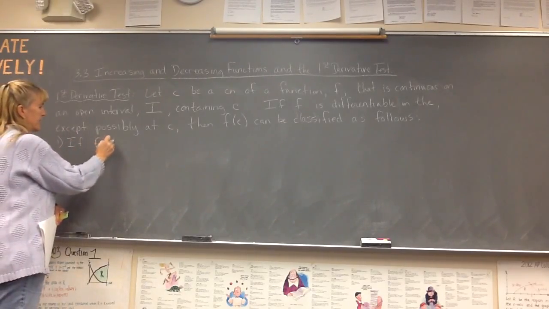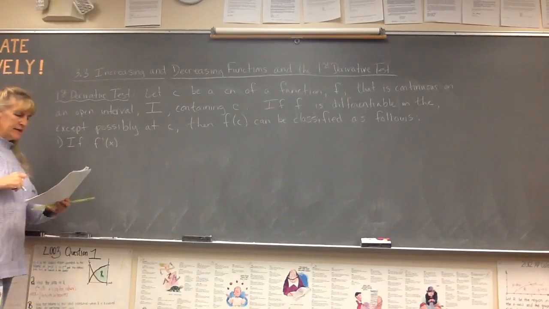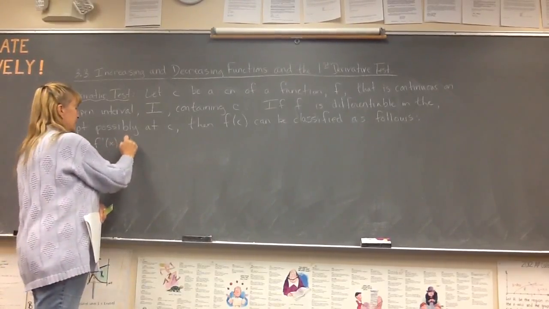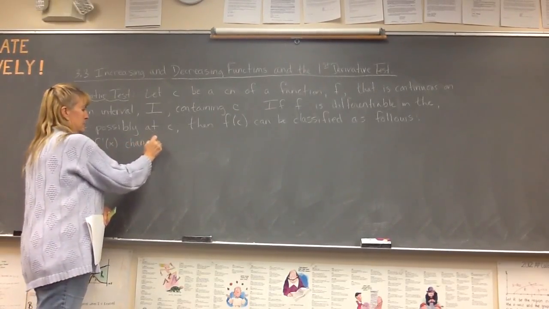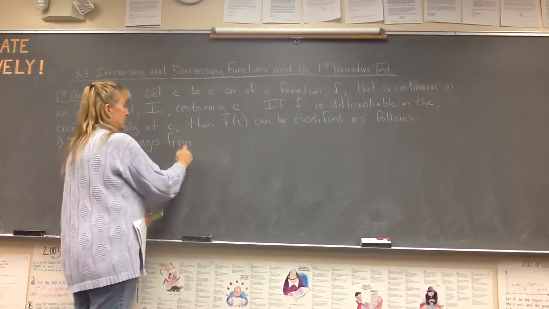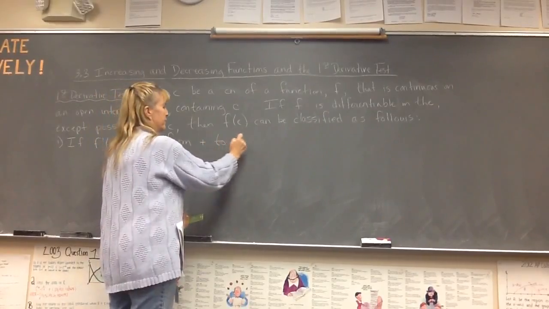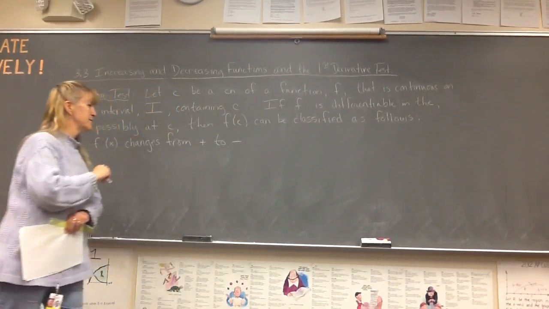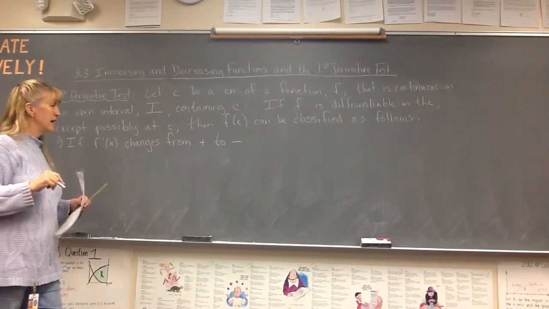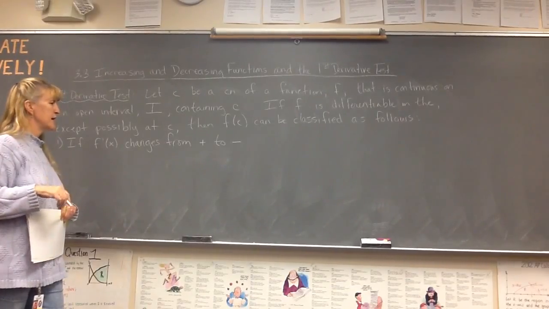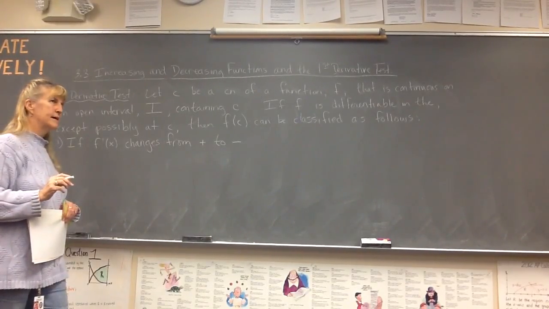We'll say if f prime of x, that means my first derivative, changes from positive to negative. For positive, I'm just going to write a plus sign, and for negative, a negative sign. If f prime of x changes from positive to negative, let's think about that.